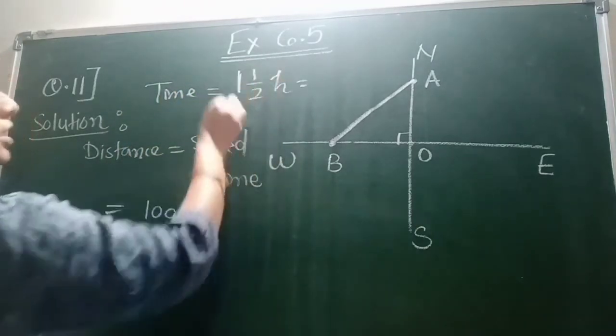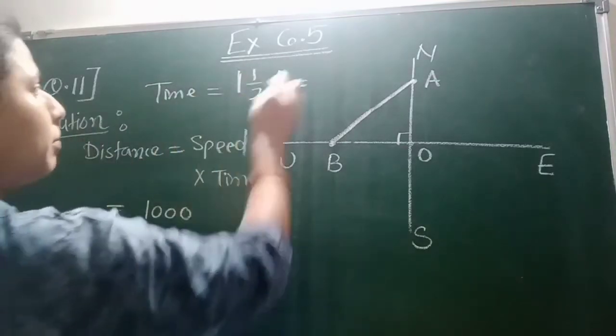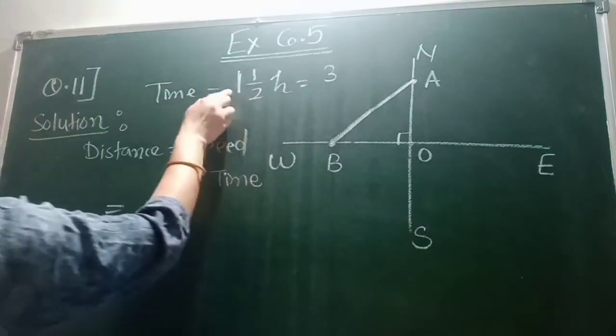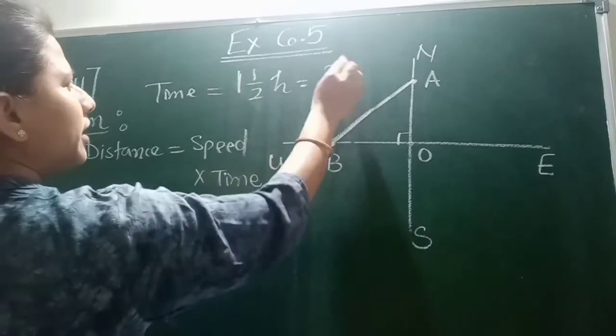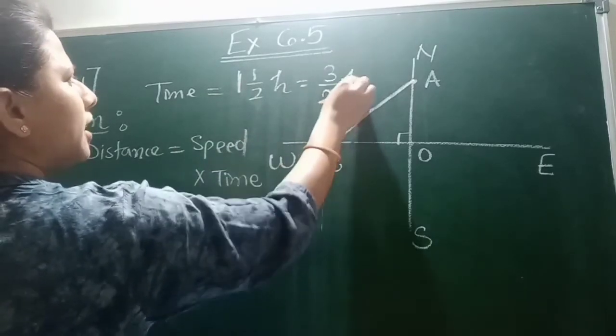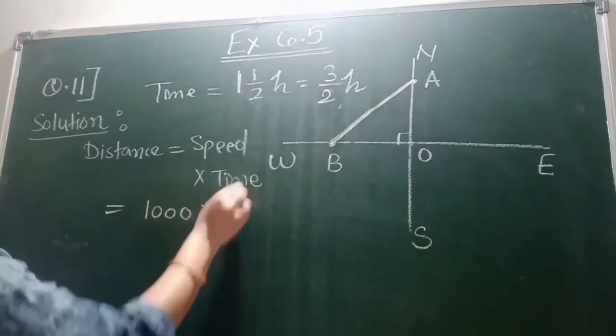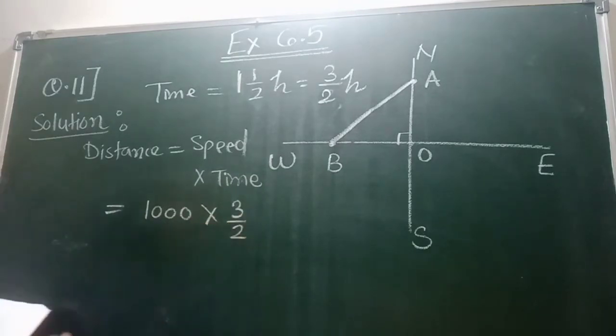When you convert this mixed fraction into an improper fraction, we get 2 ones are 2, plus 1, it is 3 by 2 hours. So in place of time we will substitute 3 by 2.